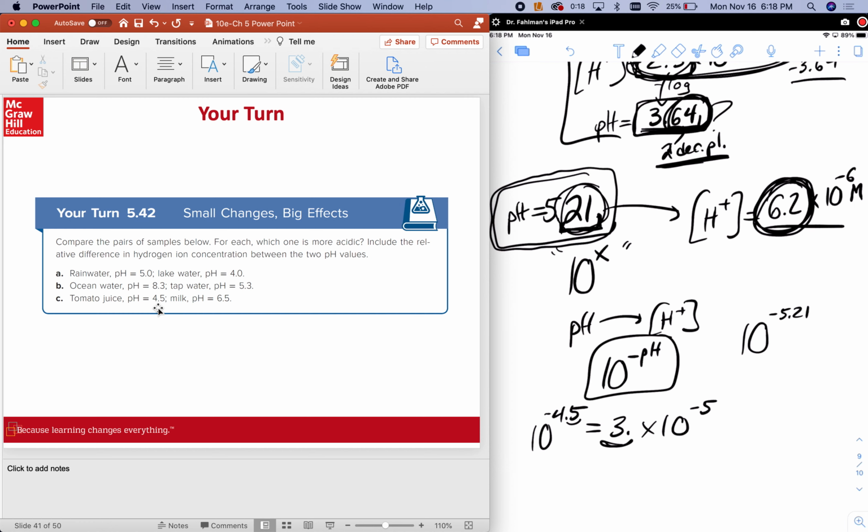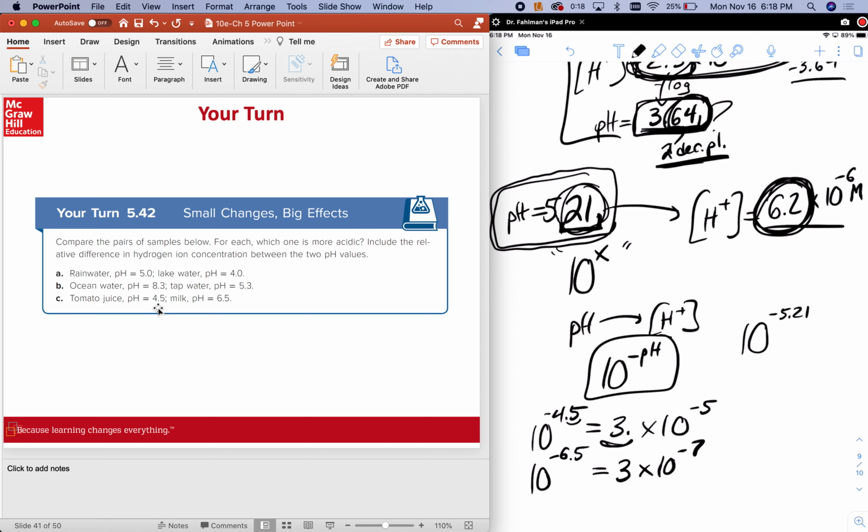Okay, and then we're comparing that to the 6.5 pH. Okay, so that's 6.5 negative. And so that's 3 times 10 to the minus 7 in this case.